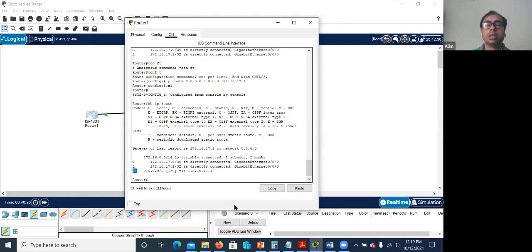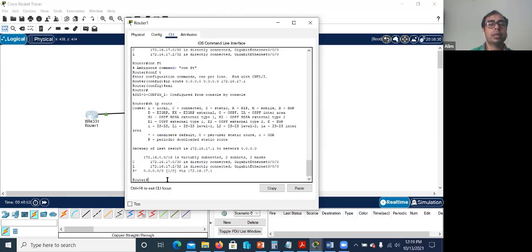S means static, the default route. S means static route. S static, what I told about, 0.0.0.0/0 is a very important thing in routing, via the next-hop IP address. So we got through this.